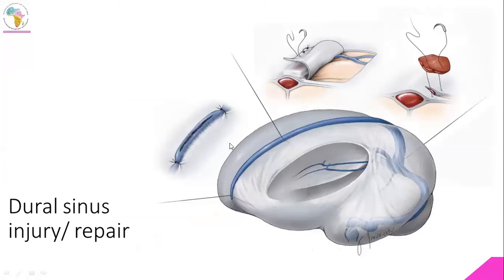What will we do if we have an injury to one of the dural sinuses? Injury of the dural sinuses is very serious because the patient can deteriorate due to excessive bleeding, or because those veins are non-collapsible and prone to air embolism, a condition where air is sucked inside the sinuses and from there goes to the heart and makes an embolus, which can lead to hypotension.